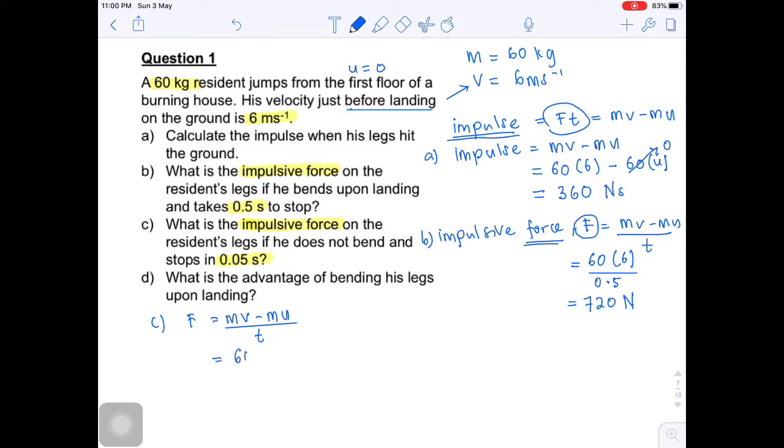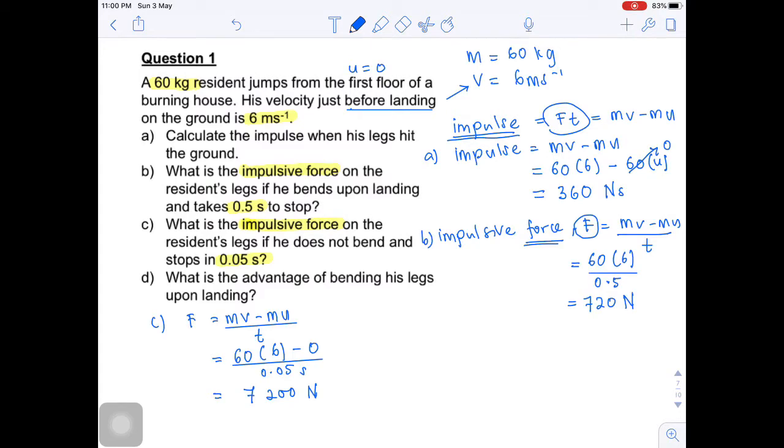The mass given is 60 kg. Final velocity is 6 minus 0, because the initial velocity is 0, divided by time 0.05 second. So the answer is 7,200 Newton.